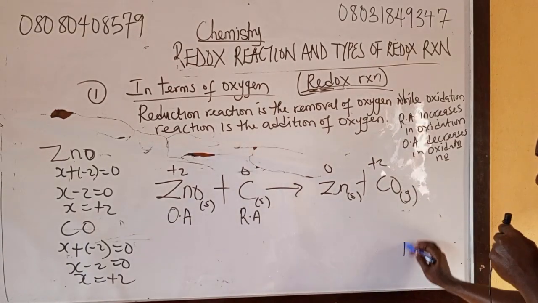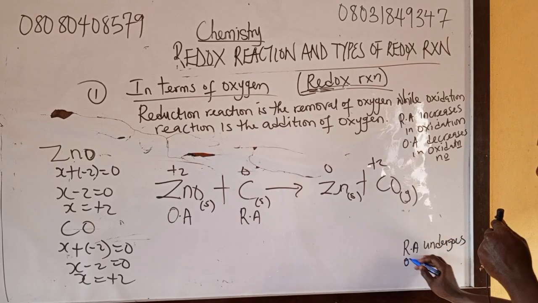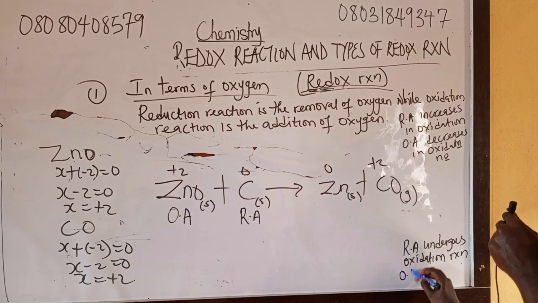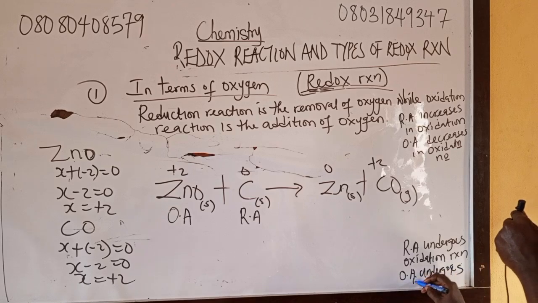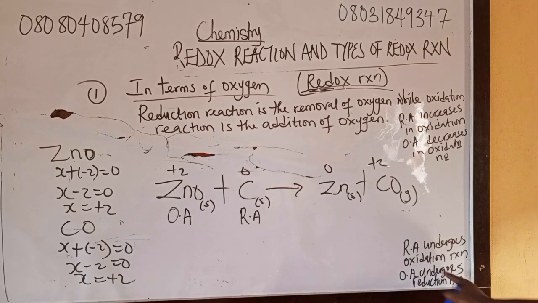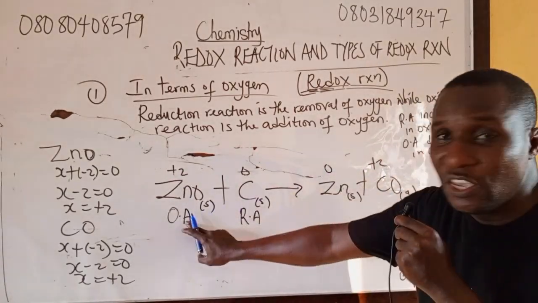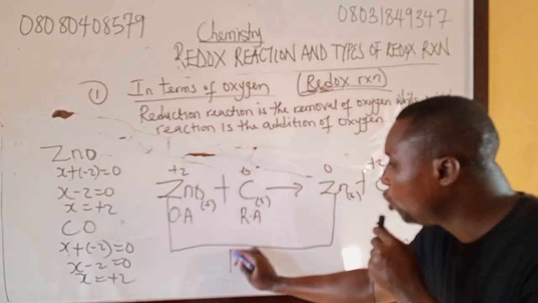I told you again, the reducing agent undergoes oxidation reaction, while the oxidizing agent undergoes reduction reaction. Therefore, zinc oxide, going from +2 to 0, is the oxidizing agent. What kind of reaction will it undergo? It undergoes reduction reaction.